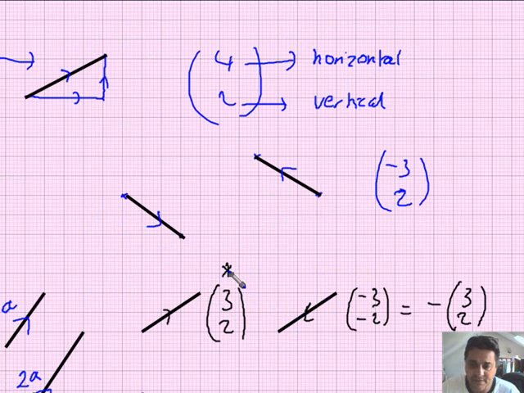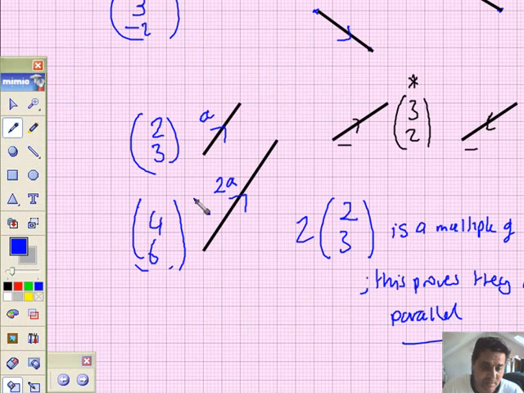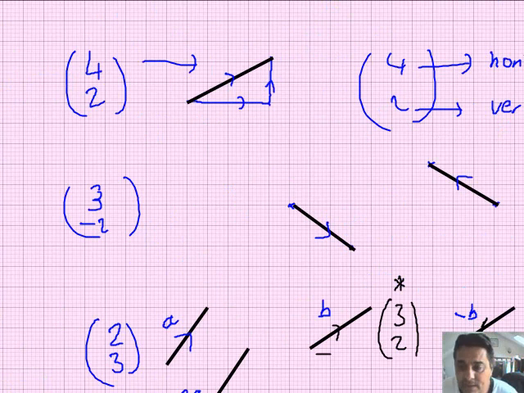Therefore, this column vector 3, 2, and this column vector here, minus 3, 2, prove that the 3, 2 is common to both these vectors, and therefore that vector is parallel to that vector. So if for example this was called vector B, this will be called vector minus B.